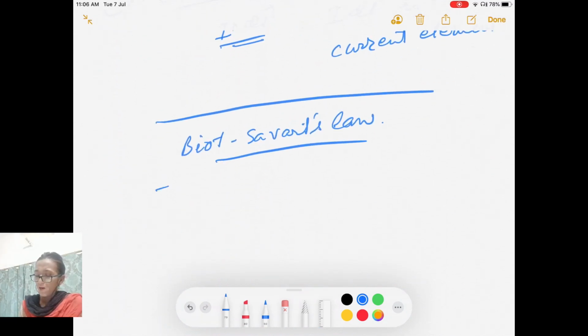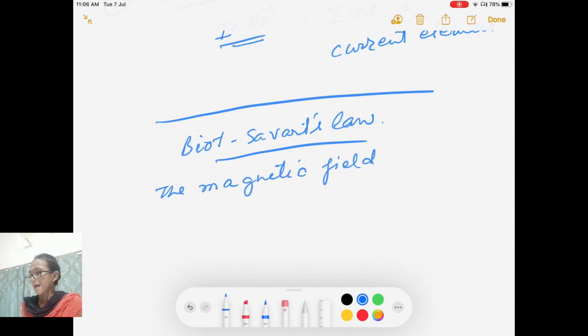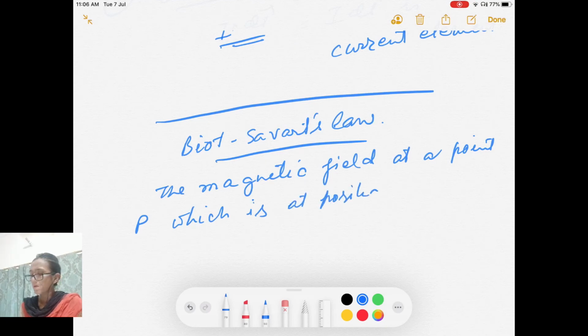The magnetic field at a point P, which is at position vector r, which is at displacement vector.